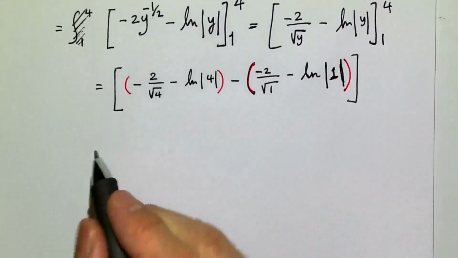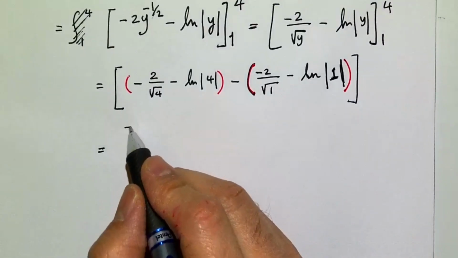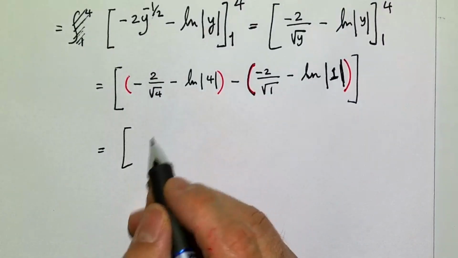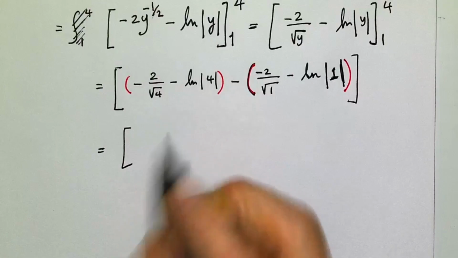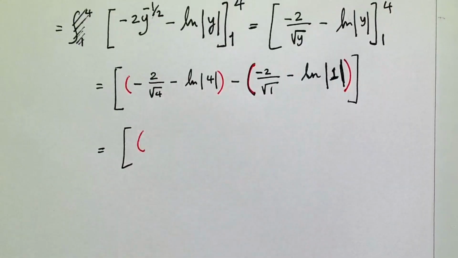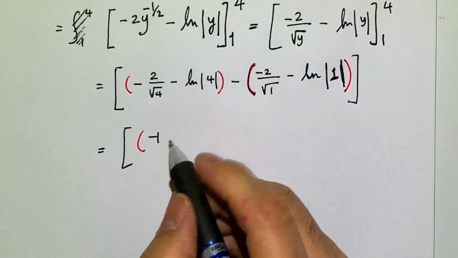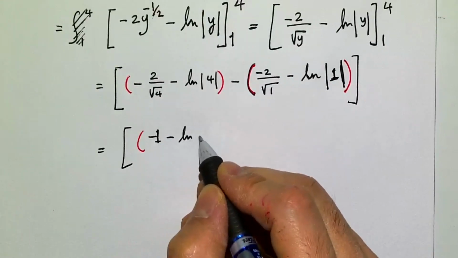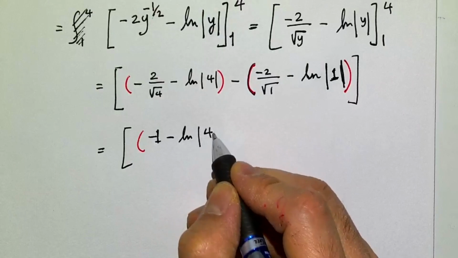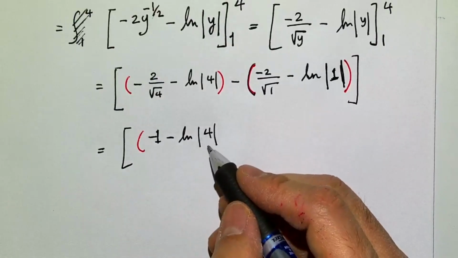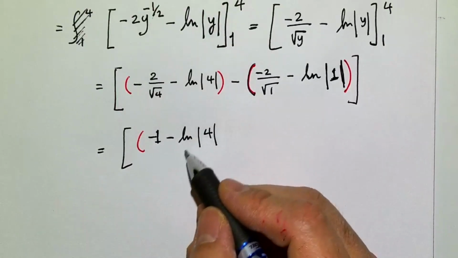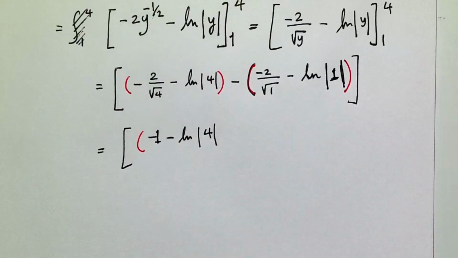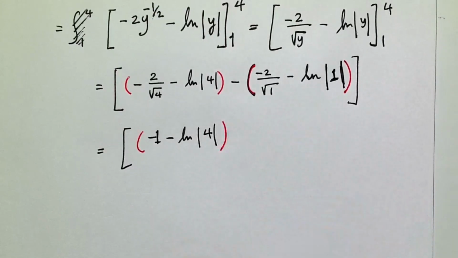Okay, so from here, we get minus 1. Minus 1 minus natural log of 4, or absolute value of 4. We can keep it in exact form. We can calculate this in decimal form, but let's keep it in exact form.